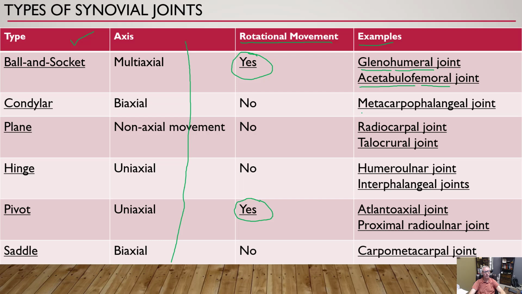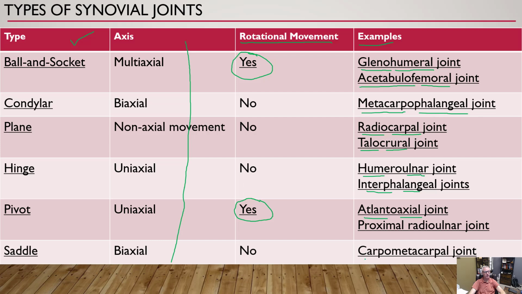For condylar joints, we have that metacarpal and your phalanges. So your finger and your metacarpals. For planar joints, your radius and your carpals. Your talus, and so just go through these and figure out what these all mean.